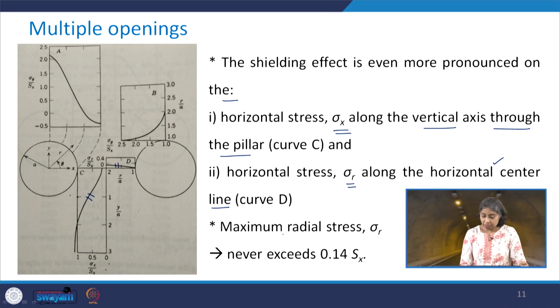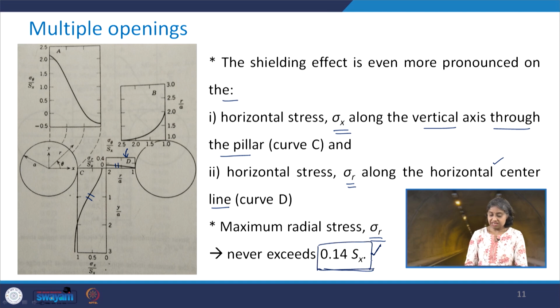You focus on curve D: the maximum radial stress sigma r never exceeds 0.14 times Sx. Here sigma r upon Sx is given, so the maximum radial stress is 0.14 Sx.